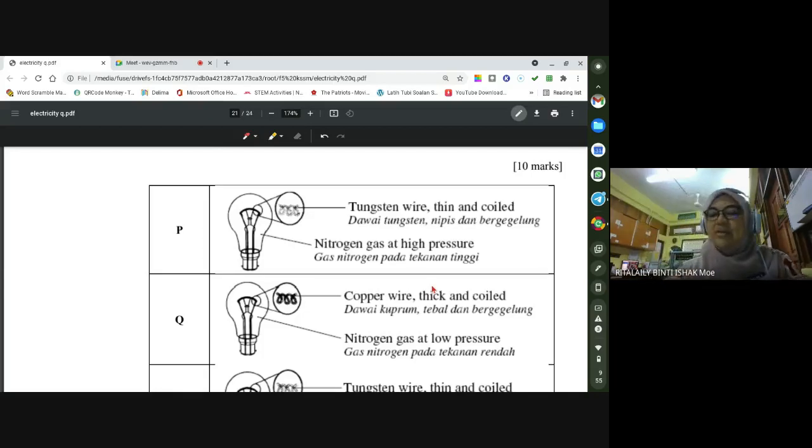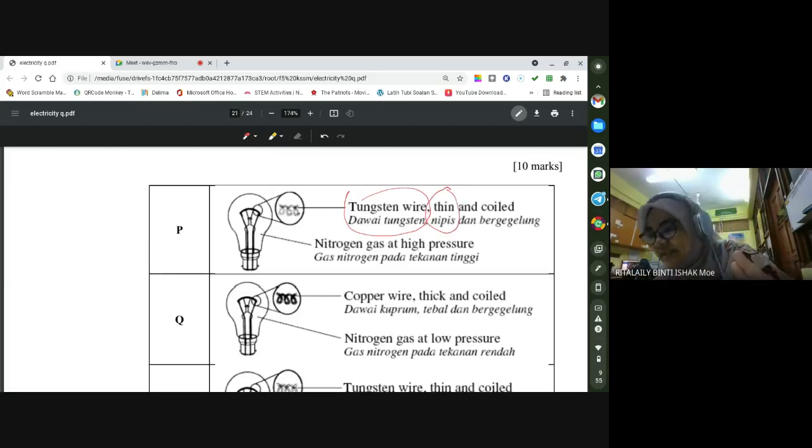Yes, we can repeat our reason more than 2 times, in fact. If the reason is correct, you can repeat your reason as many times as it can be used. So as for the type of wire, we use tungsten wire because of high resistance. And as for the thickness of wire, we use thin wire because of the high resistance.